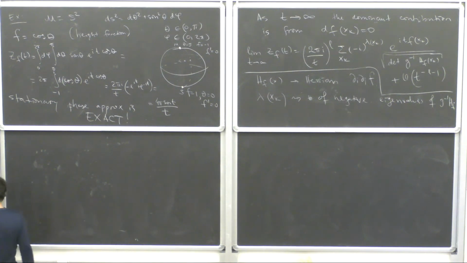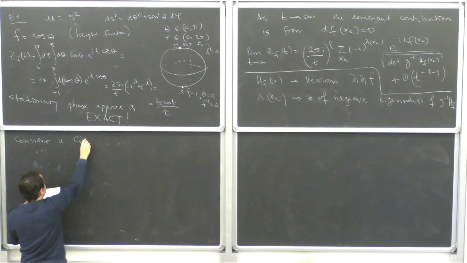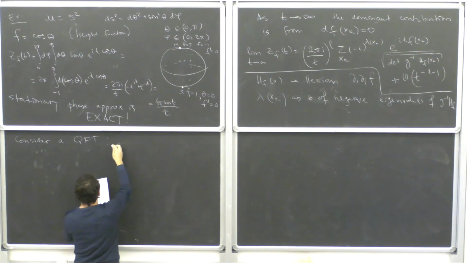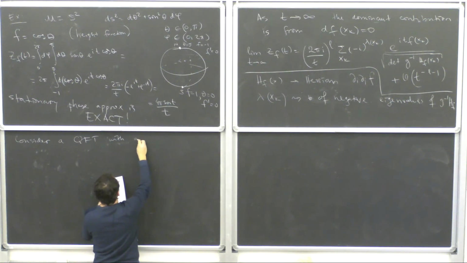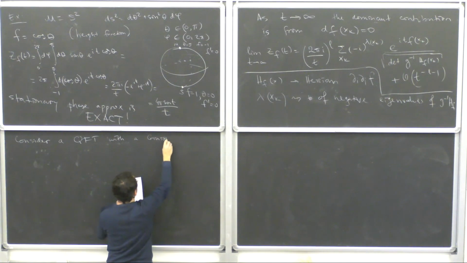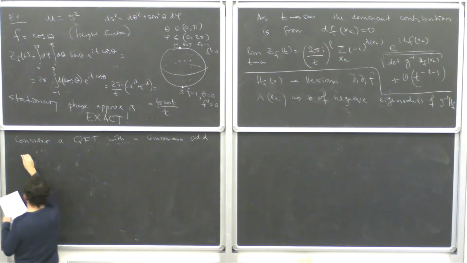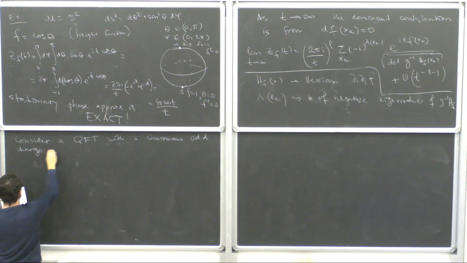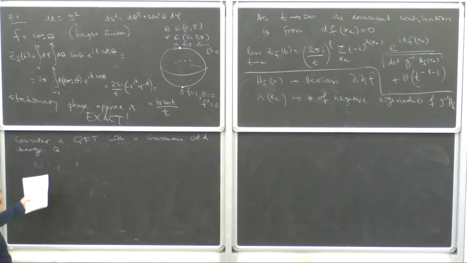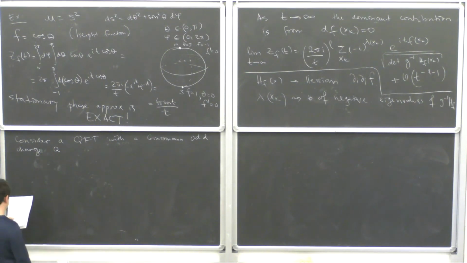But anyway, consider quantum field theory with a general fermionic, or Grassmann odd, charge Q. So obviously, in a supersymmetric example, this will be the supercharge, but as I said, you can find it also in BRST.